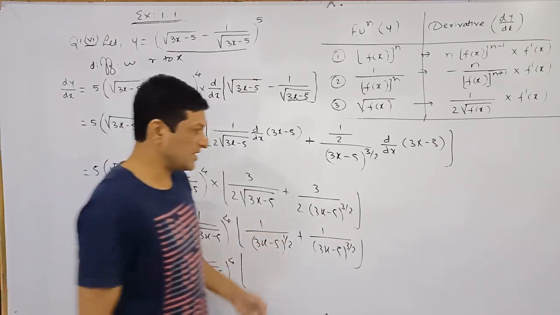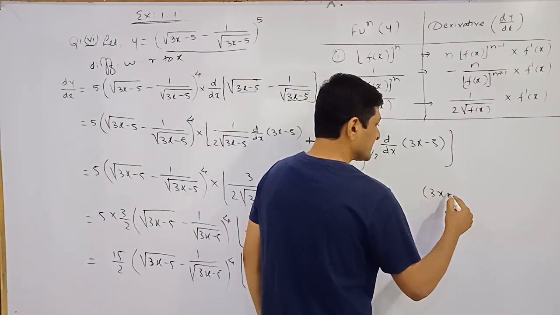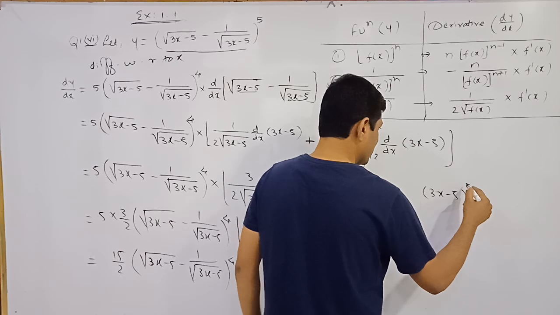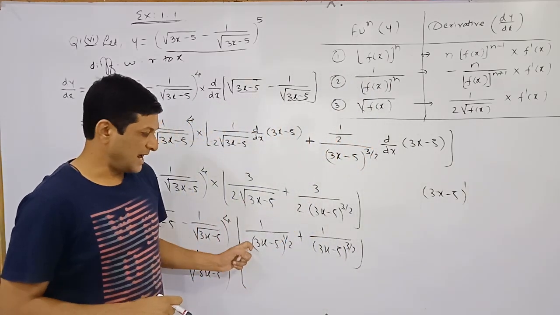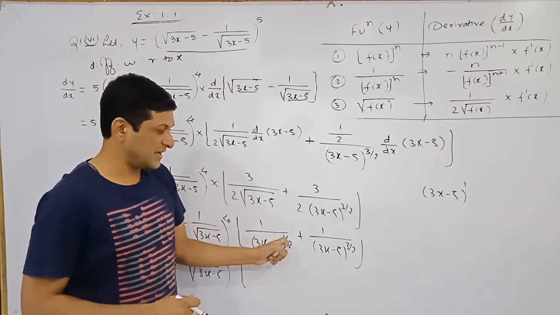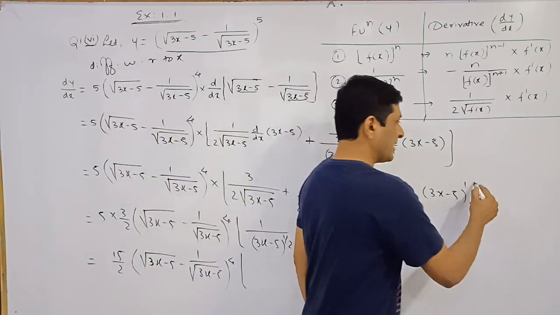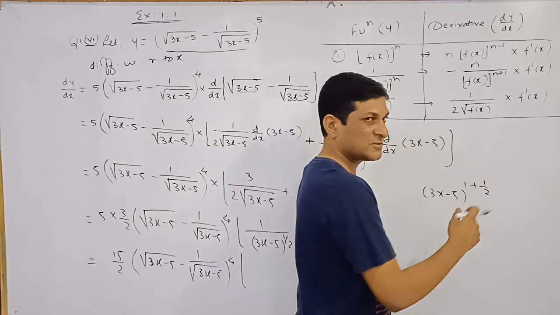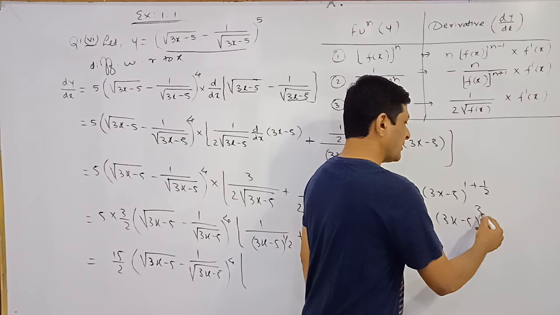So if I multiply by 3x minus 5, what will we get then? 3x minus 5. Already here we have 3x minus 5 raised to power 1 by 2, so we take the addition of powers, 1 plus 1 by 2, according to the laws of indices. It will become 3x minus 5 raised to power 3 by 2.